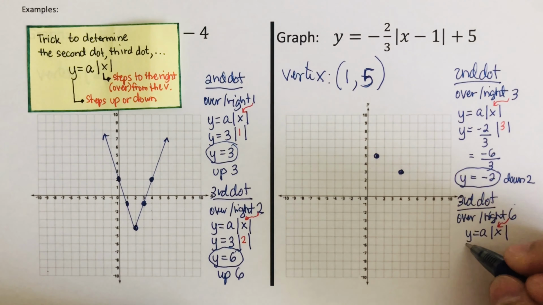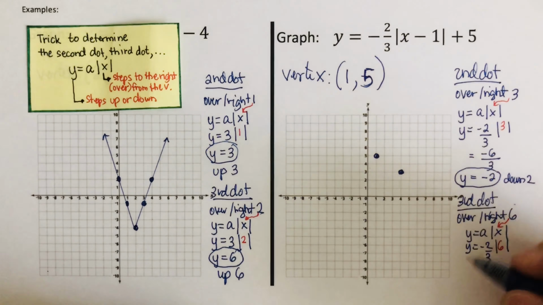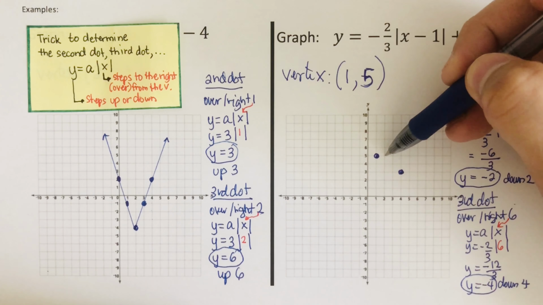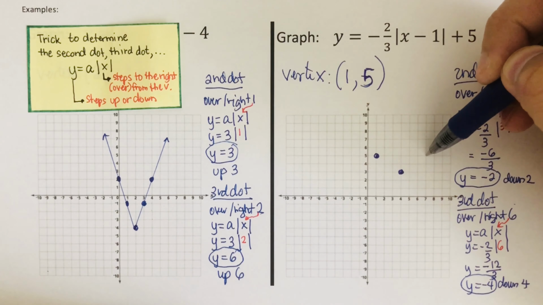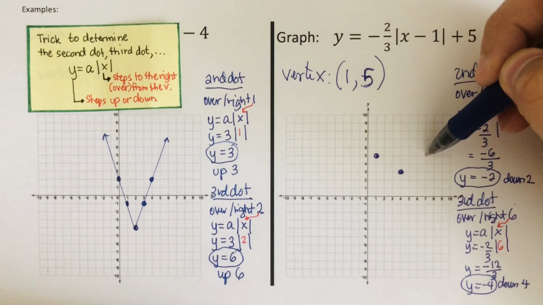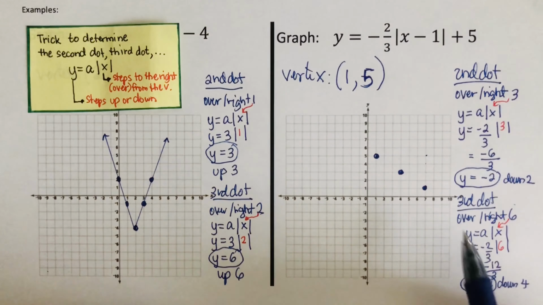So this is y equals, our a is negative 2 over 3 absolute value of 6. So then this comes out to be y equals negative 12 over 3. So our y is negative 4. What does this mean? We go down 4. So right 6 down 4 from the vertex. So right 6, 1, 2, 3, 4, 5, 6. And then down 4. 1, 2, 3, 4. So that's the third dot.